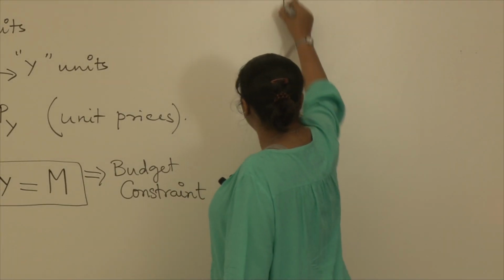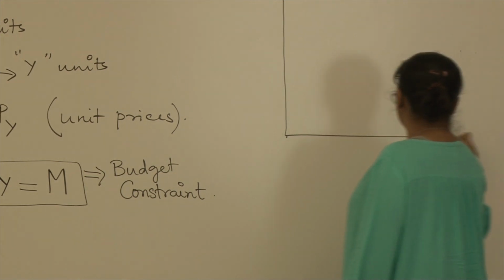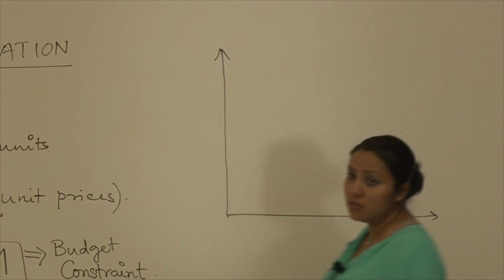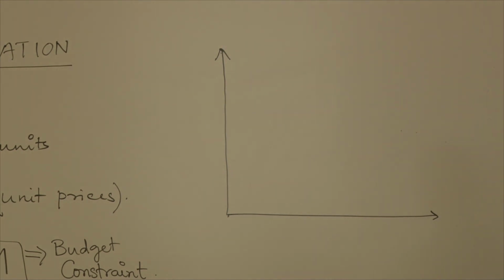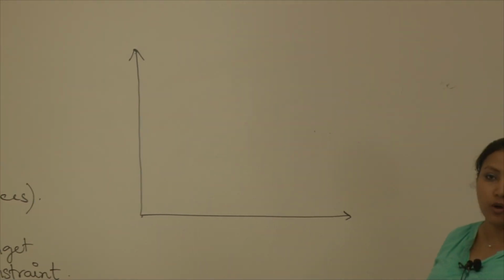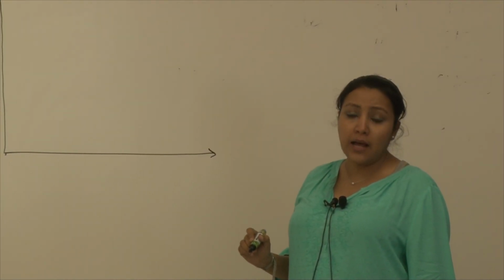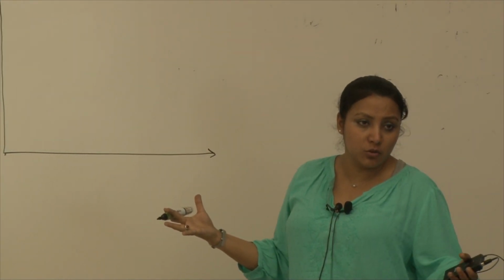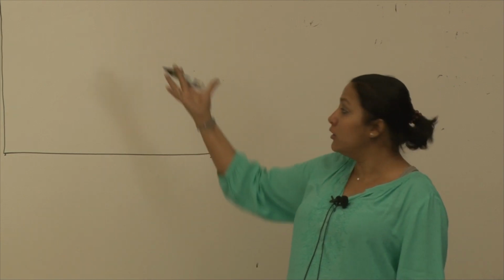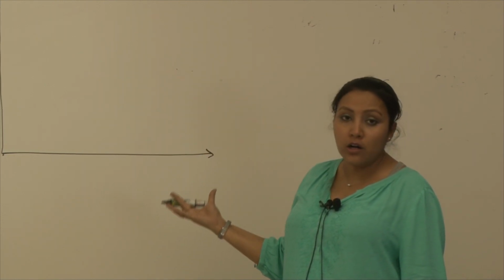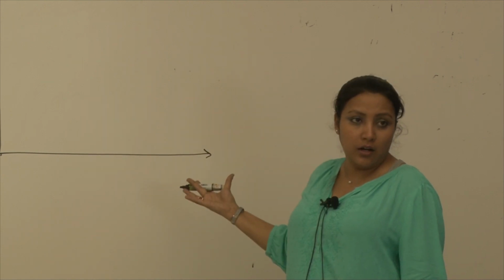Now, if we had to represent this budget constraint in a two-dimensional space, then now my choice is between the two goods, right. The choice is between x and y. I am choosing between x and y and I am splitting my budget between these two goods. So, what I am going to measure on the two axes has to be the quantity of the two goods. It is no longer going to be price and quantity of one good, because now the space for me is two goods.